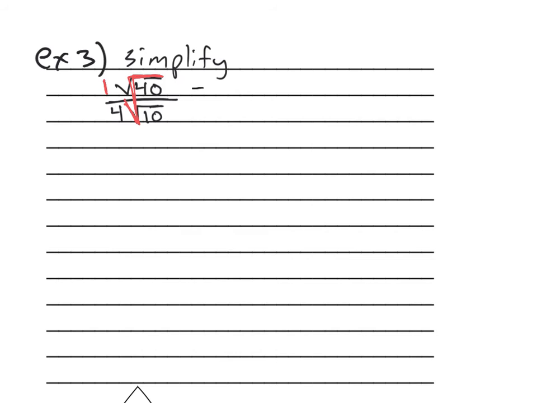So that would equal 1 over 4, and then we would have one big radical of 40 over 10. And that's helpful because we could reduce 40 over 10. That would become just 4. So this part right here would simplify to the square root of 4. So we would have 1 over 4 times the square root of 4, and we should know the square root of 4 is a nice perfect square to get 2.